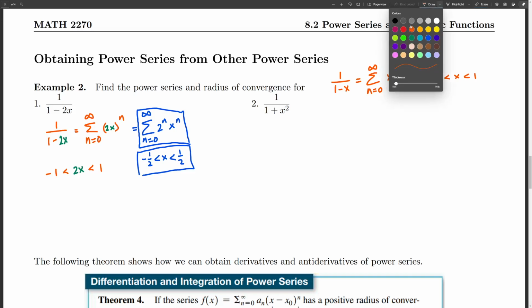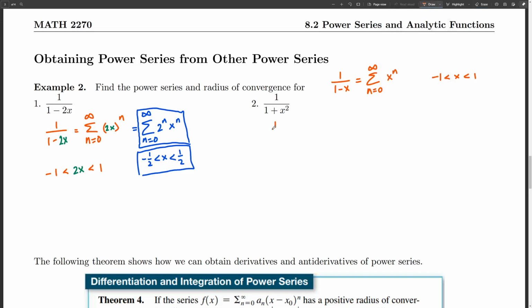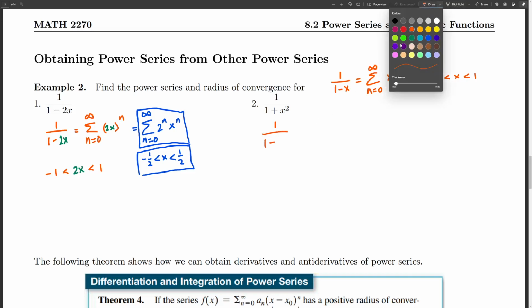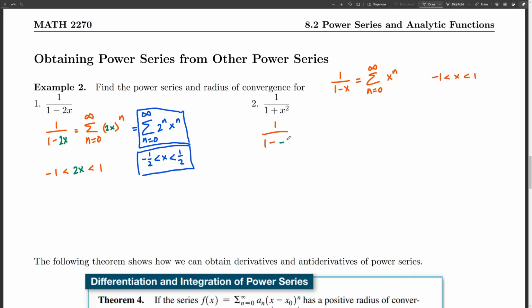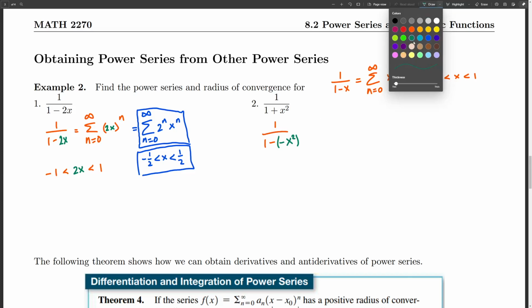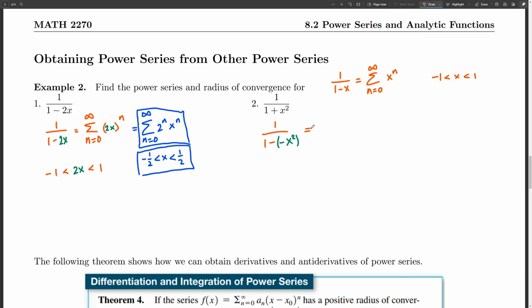So I'm going to do that as follows. I'm going to have 1 over 1 minus, and then to make that work, I'm going to have to subtract negative x squared. And so my power series then looks as follows.